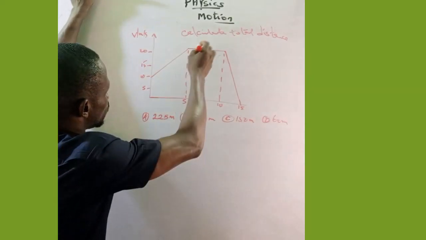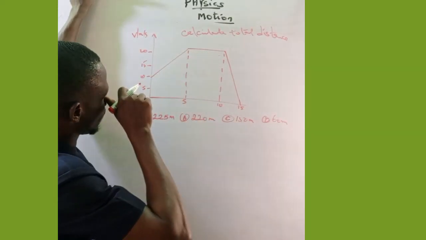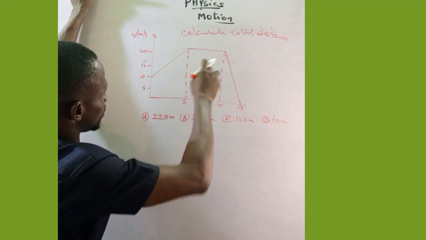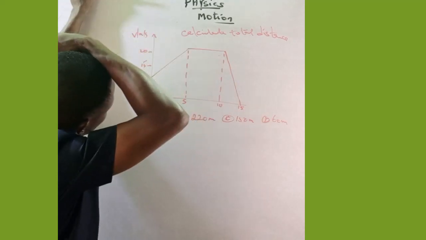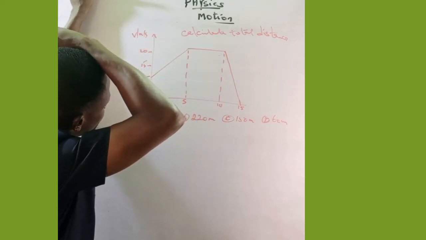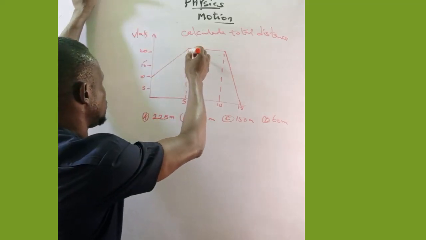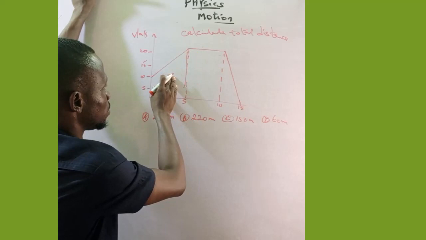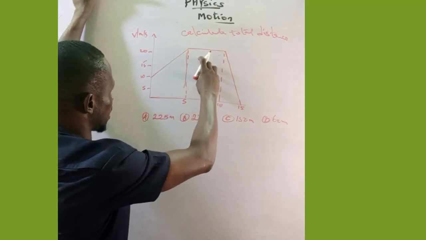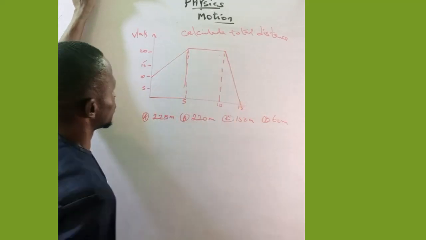So what we have in this graph is a trapezium. This is a trapezium. This is a rectangle. This is a triangle.